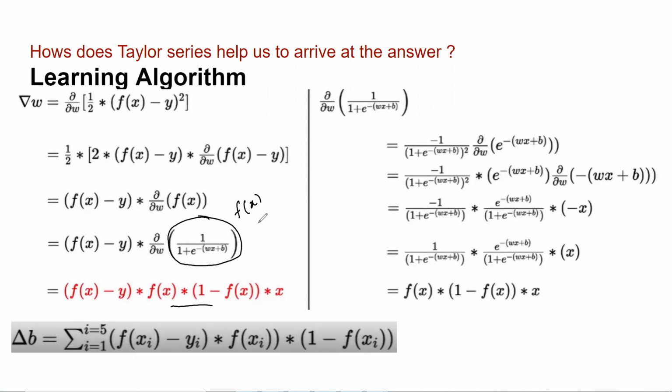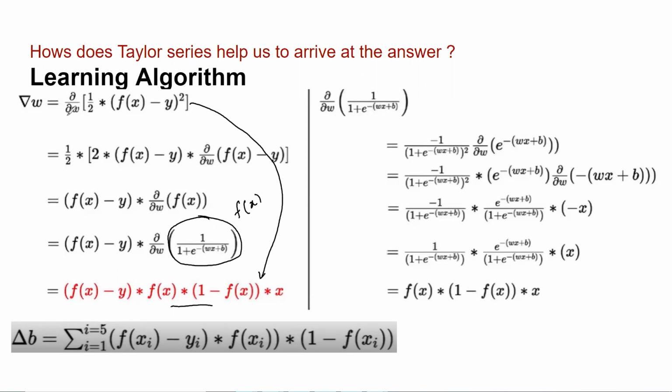But if you're really worried about the detailed steps, please try to do this in your notebook. If you are not able to do it, we will be doing one session on derivatives tomorrow. But for now, you can understand that the partial derivative of loss with respect to W will be resolved into this equation.